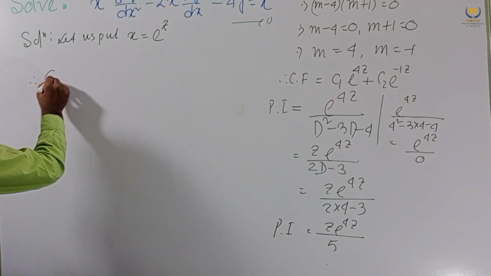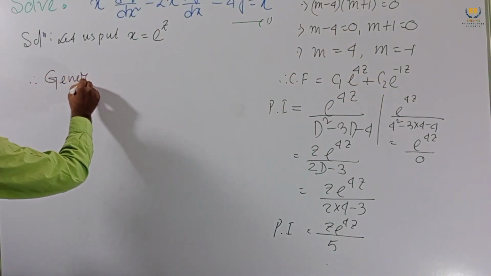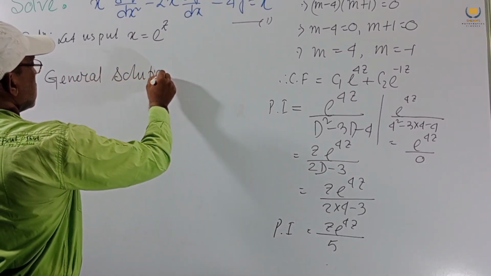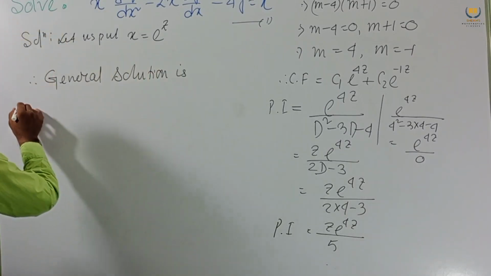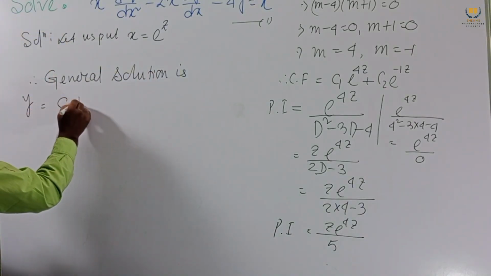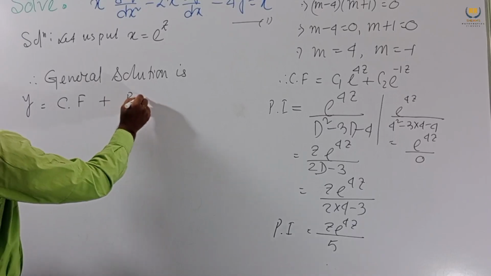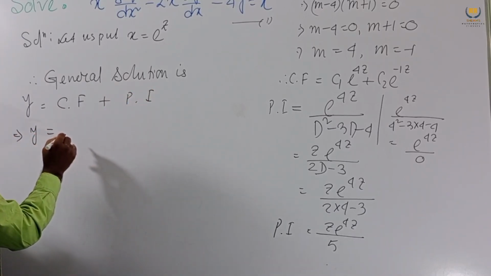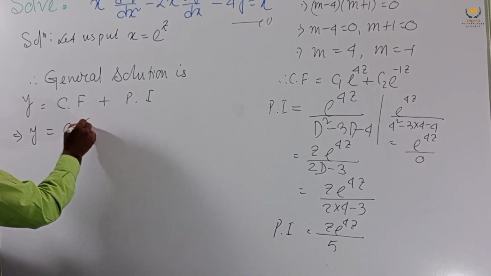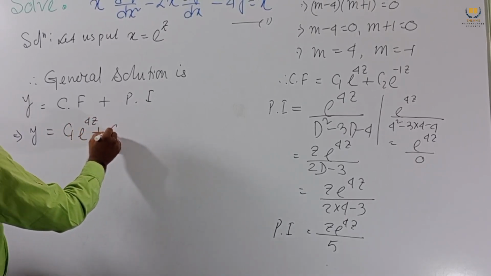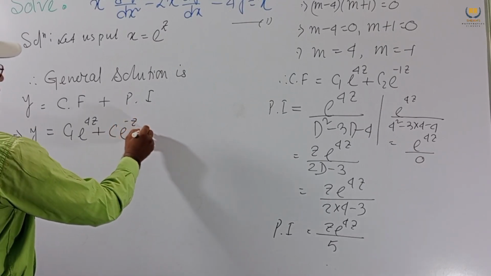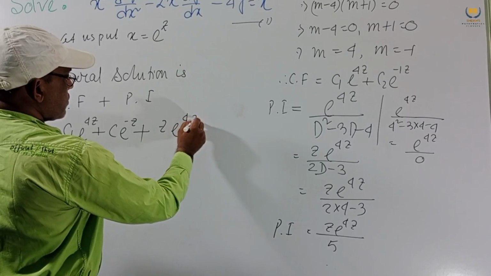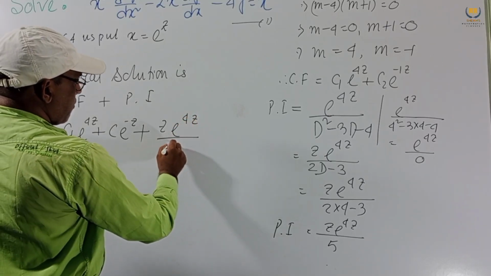Therefore, the general solution is y equals CF plus PI. This implies CF means C1 e to the power 4z plus C2 e to the power minus z, and PI means z e to the power 4z by 5.